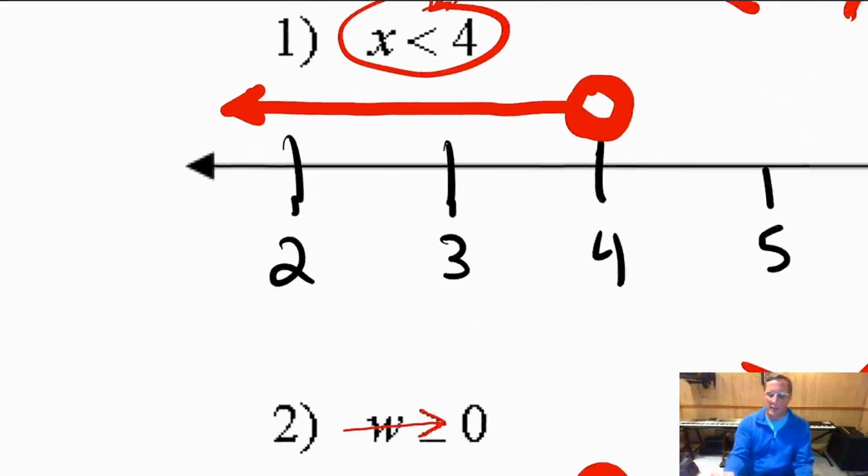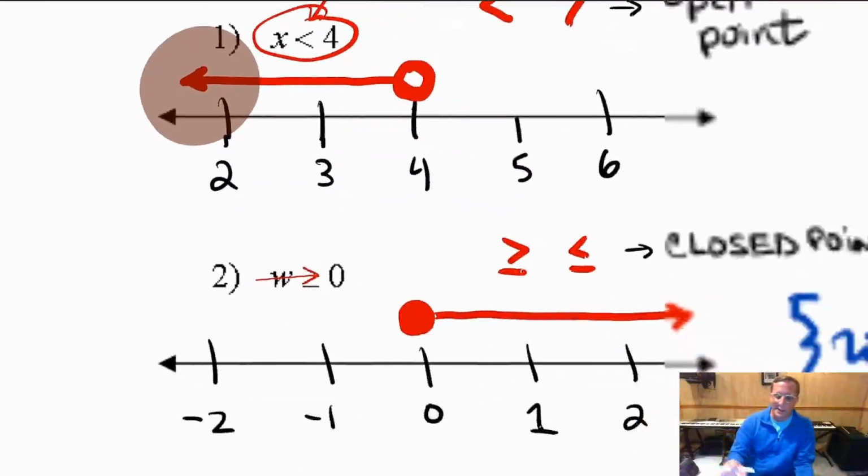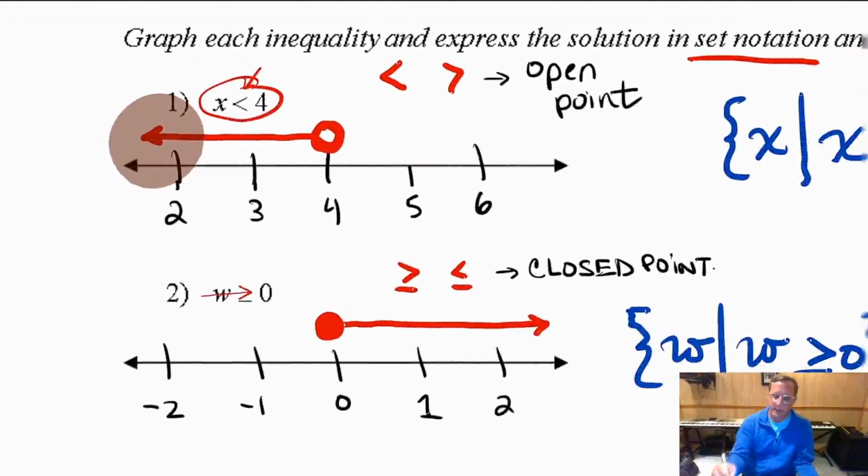Now, the left part of the graph of that inequality is an arrow pointing left, and what that represents is that it's going infinitely in that direction, infinitely negative. So we want to indicate negative infinity. So we're going to write down negative infinity on the left side of our interval notation, and parentheses, always use parentheses when infinity is involved.